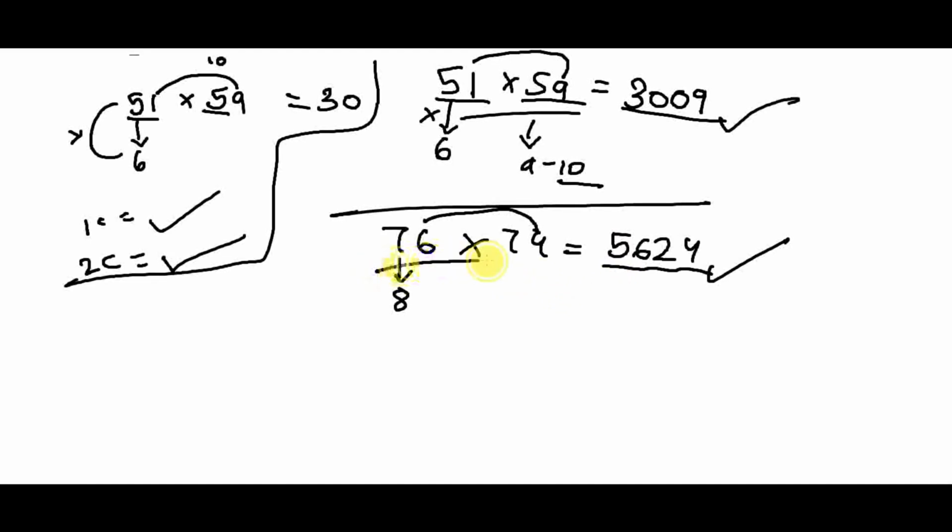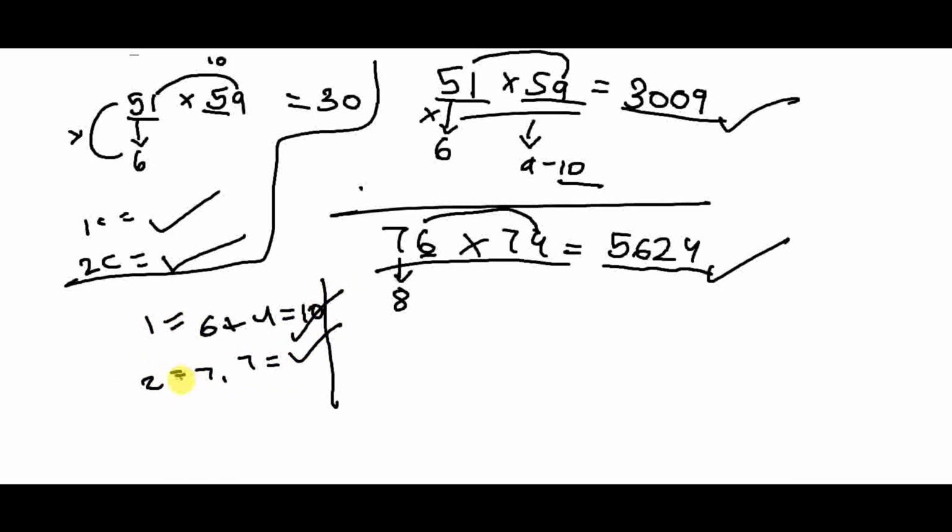This multiplication as well, just like the first one, applies to the first condition, which is 6 plus 4 equals 10, and the second condition, which is 7 and 7, which are the same. And as we look here, the second multiplication also applies to the two conditions.